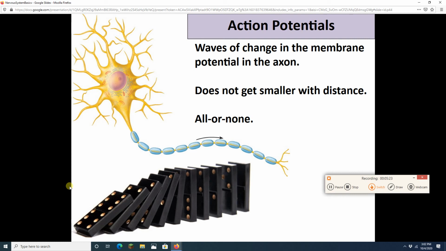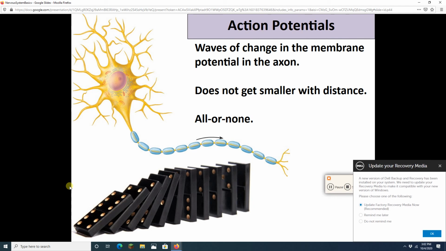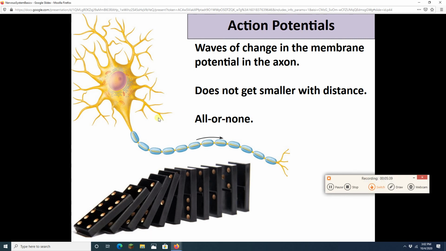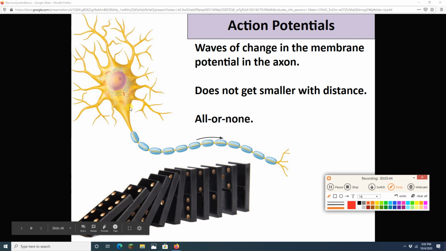Action potentials are waves of change in the membrane potential in the axon. But these guys, they don't get smaller with distance. They are going to stay the same. An action potential will always travel from the axon hillock all the way to the axon terminals.